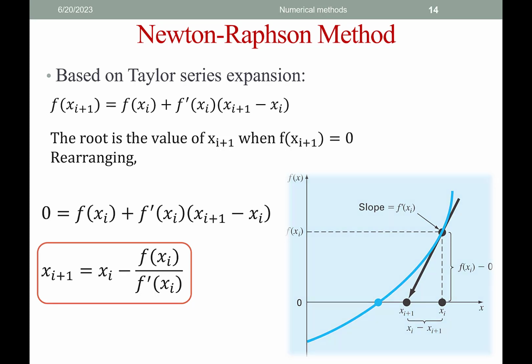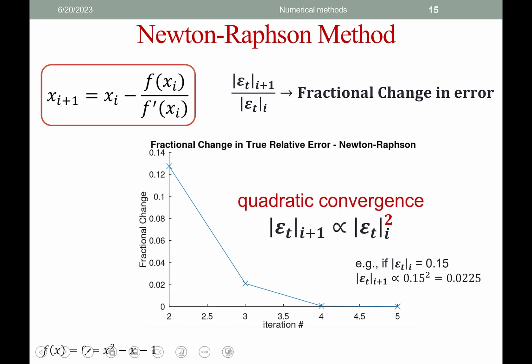Then draw a line, get a slope, and eventually, in this method, it will converge on the root in the plot that we see. If we look at the same problem that we had in the previous lectures, x squared minus x minus 1, and we try out the Newton Raphson method, remember that characteristic plot where the fixed point iteration method had a linear convergence? Well, the Newton Raphson method has a quadratic convergence, meaning that it's much quicker in converging.